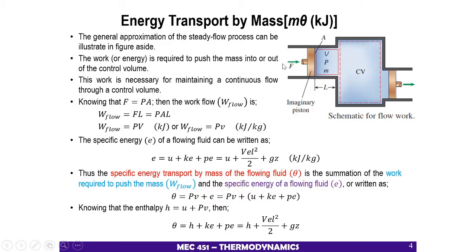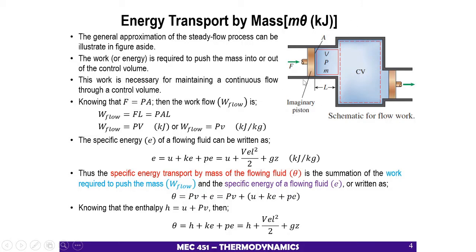So a total work can be calculated in order to know how much work for your outlet. This work is necessary for maintaining a continuous flow through a control volume.